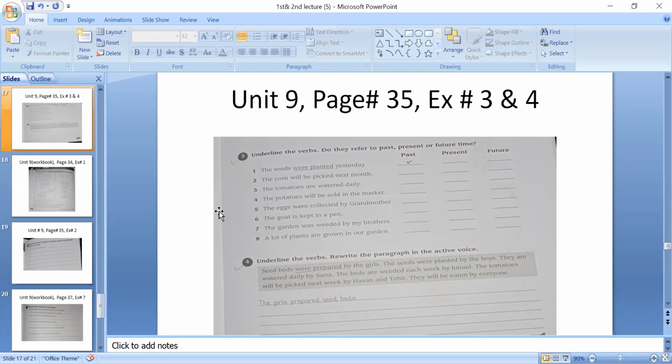Sentence number 3. The tomatoes are watered daily. Okay, Zain Ali, you will be telling me the verb. Which verbs will be underlined in the third sentence?